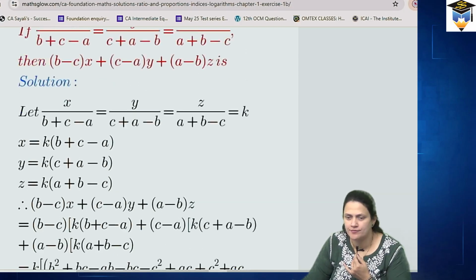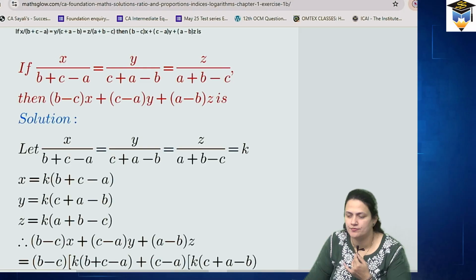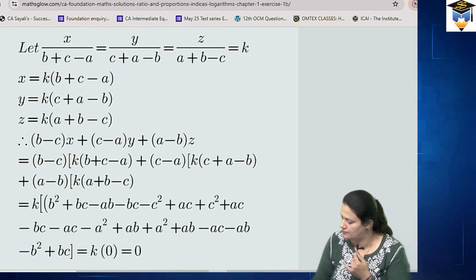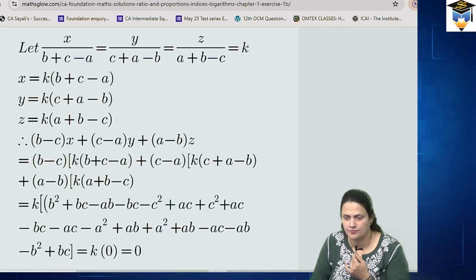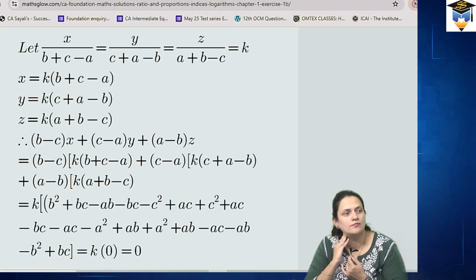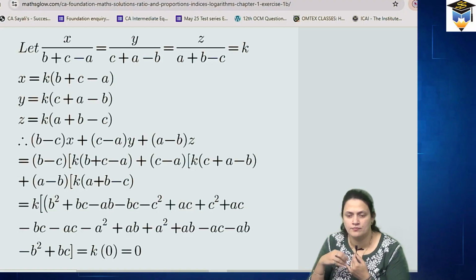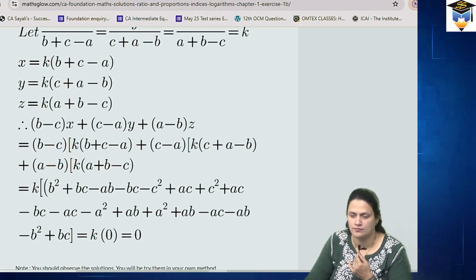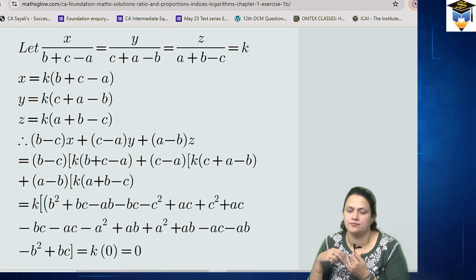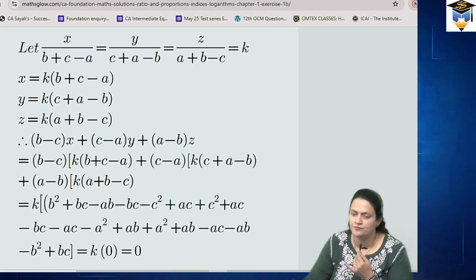ते दिलेलं आहे ना. So here they have taken k as common from everything.